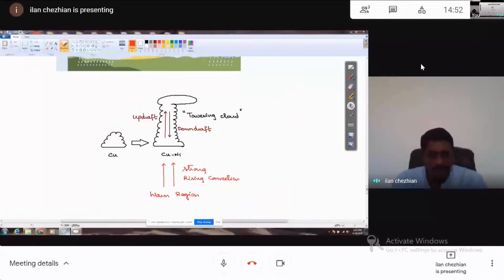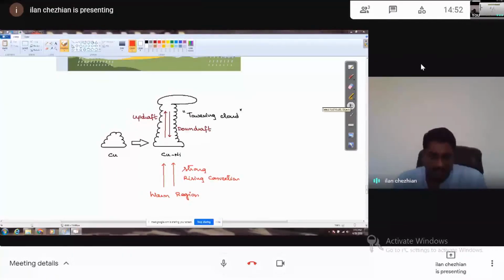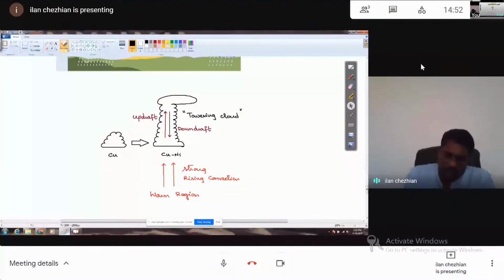And finally, my friend, in a cumulonimbus cloud, normally you will find that this cloud, on reaching the tropopause level, gets deflected towards the eastern side. The structure, very popularly, we call an anvil.